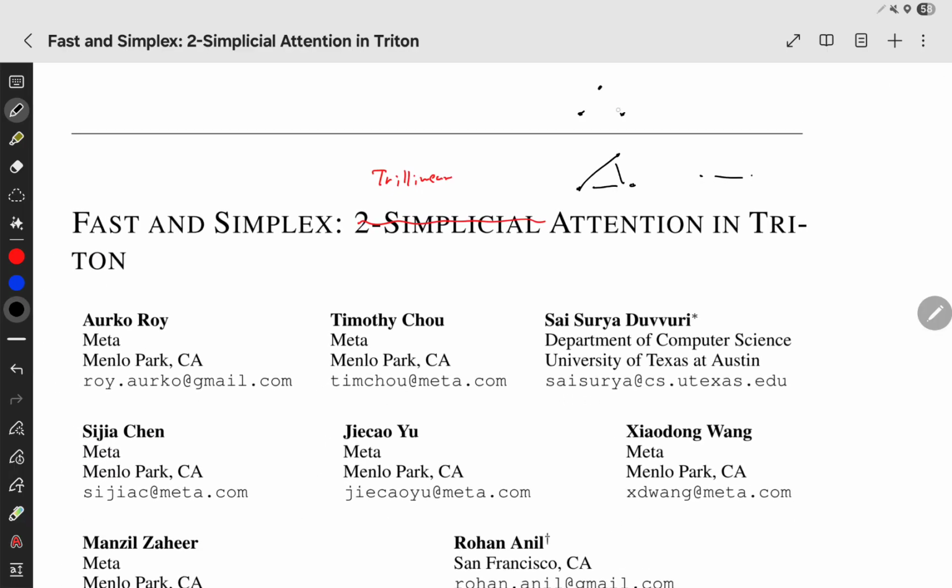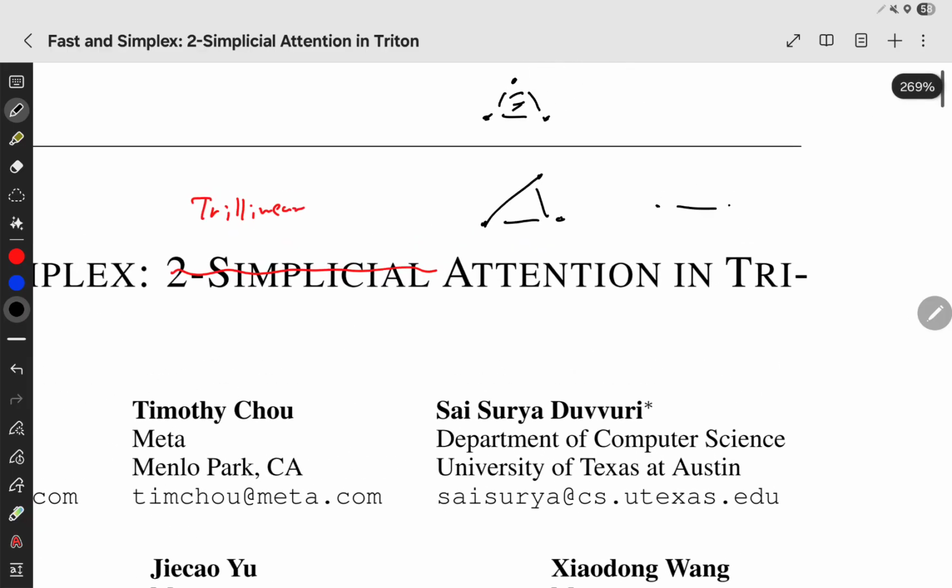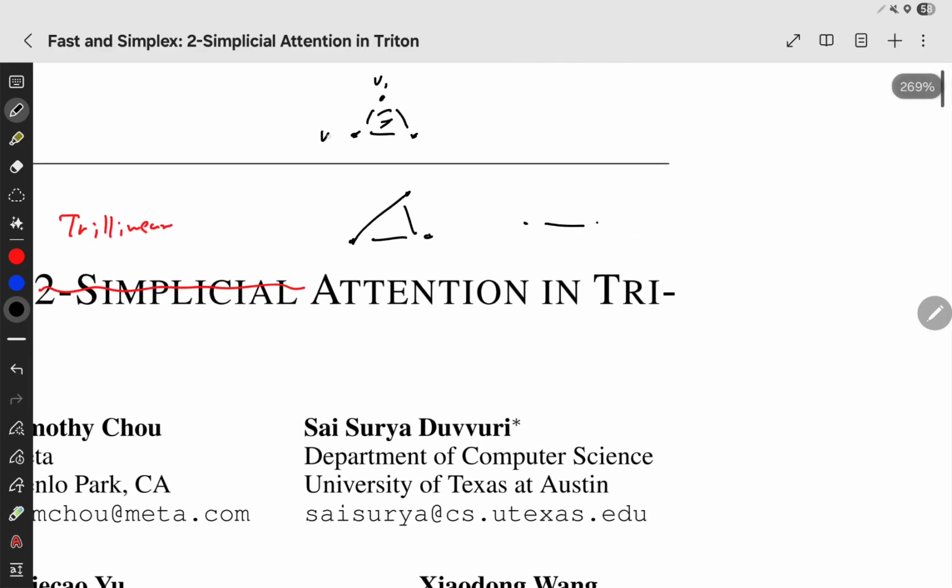You have this face, which, if we call these vertex 1, vertex 2, vertex 3, would be v1, v2, and v3 as a face. But in your simplex, you would also contain the edges, so v1 v3, v2 v1, and v2 v3, as well as all lower orders, so the vertices themselves.